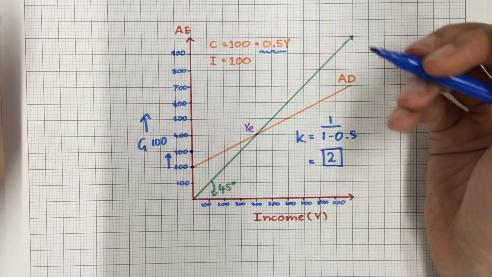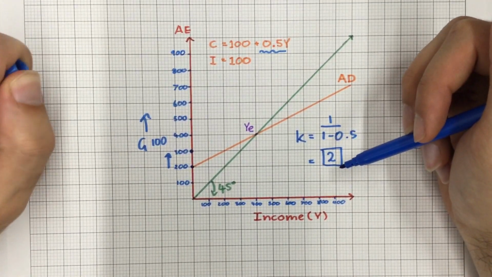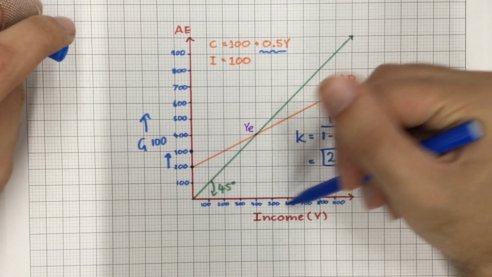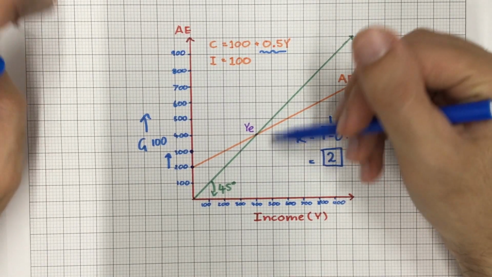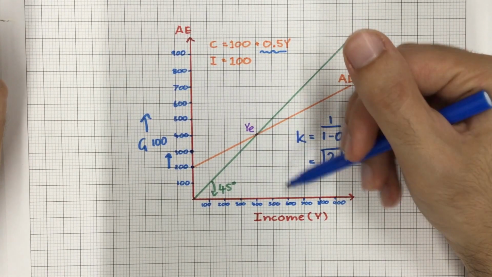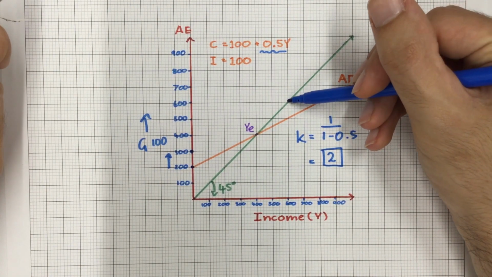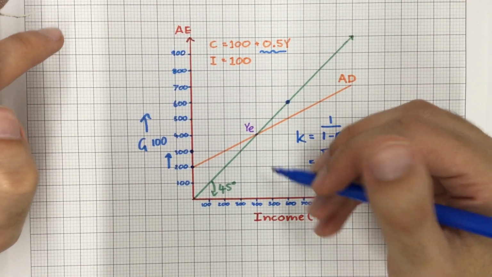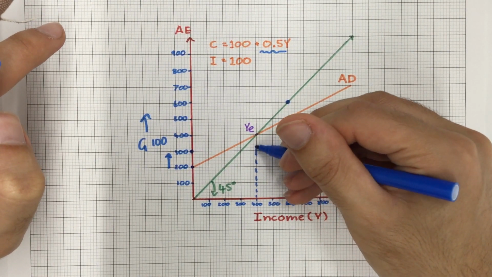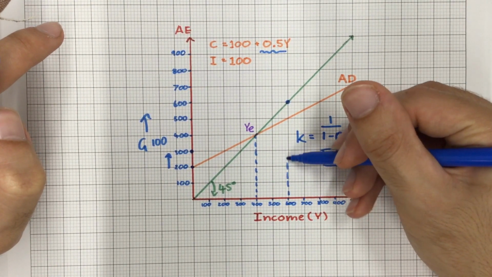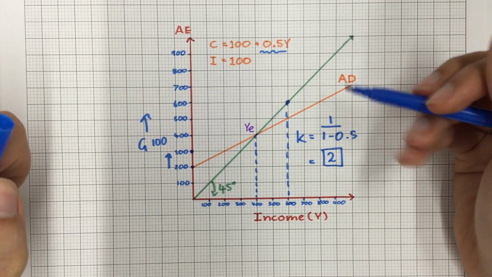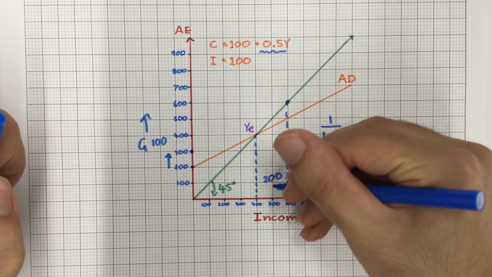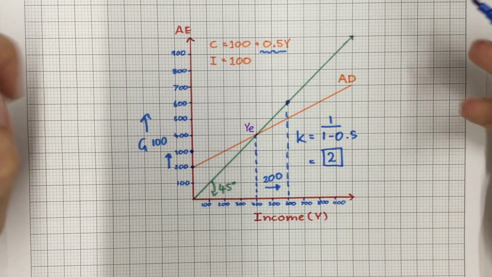What we'd expect to see then is that our income has actually increased by 200. So rather than our equilibrium point being there, it's going to be here. Originally we were sitting here. With that increase of 100, it's resulted in $200 of increased income.